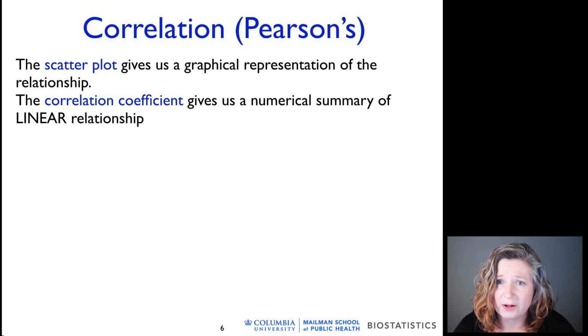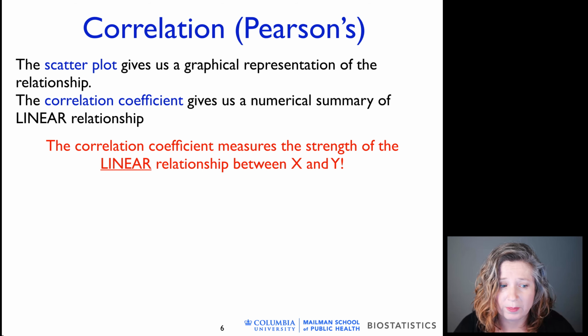A scatter plot then gives us a graphical representation of the relationship. The correlation coefficient, which we usually compute, measures the strength of the linear relationship between two variables x and y. Because it's a number, it has two characteristics.